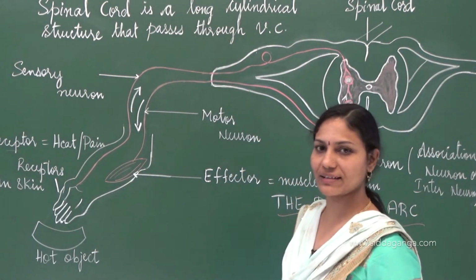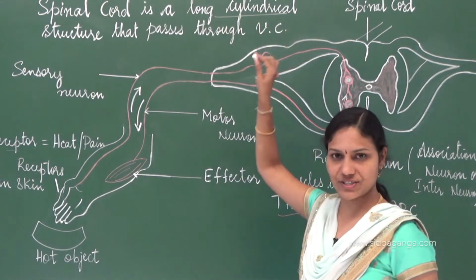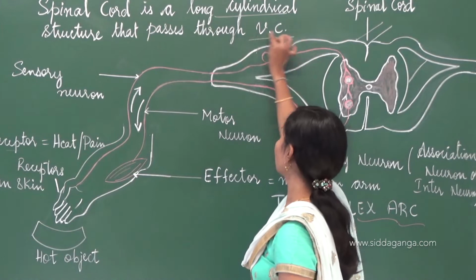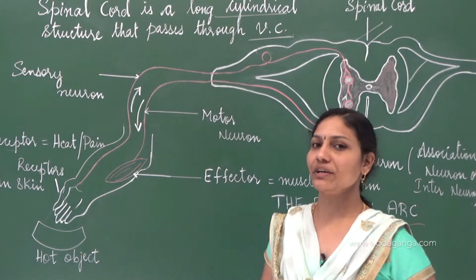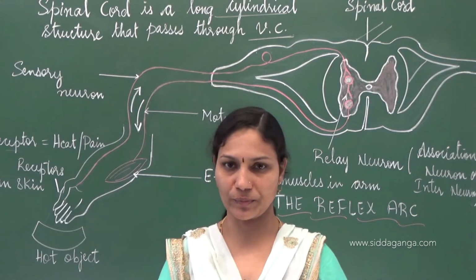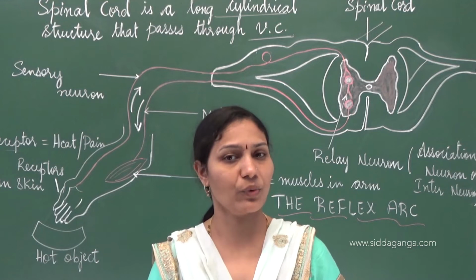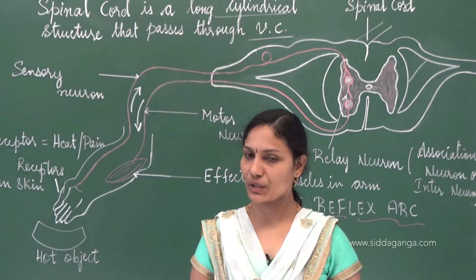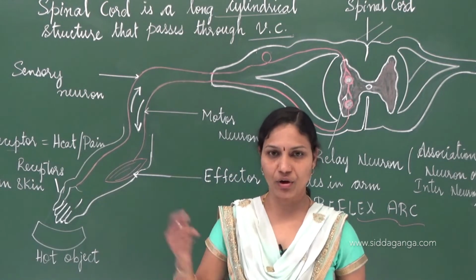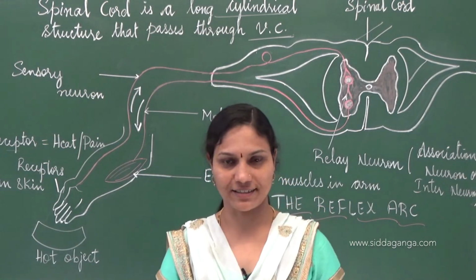Vertebral column is also referred to as our backbone. So this is all about spinal cord and it measures about 144 centimeters in human beings. Spinal cord is the one which completely controls reflex actions.